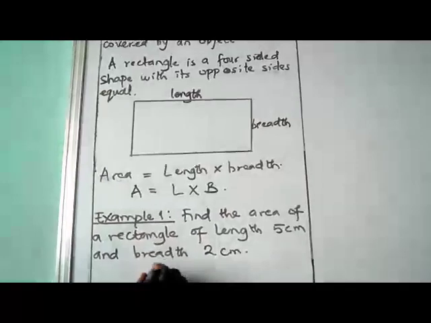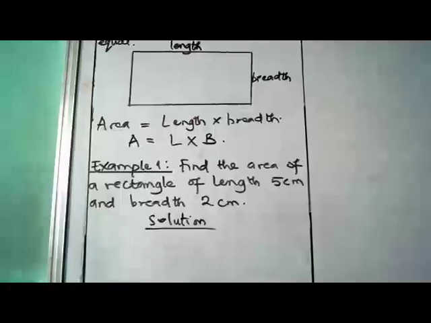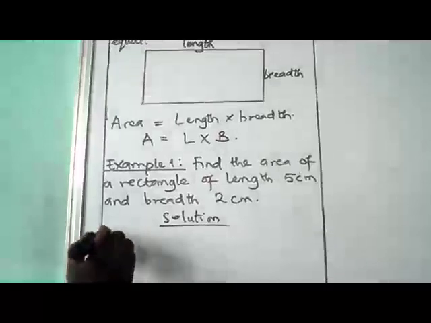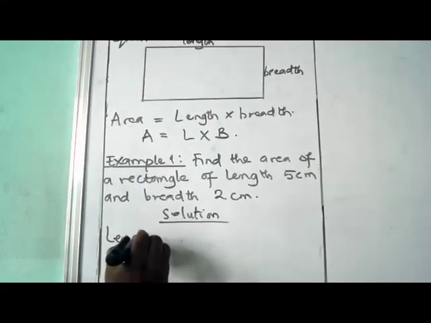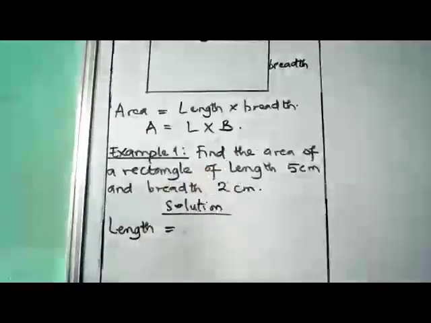So to solve this, it is always good for us to write out these dimensions, which are length and breadth. When we write it out, that will make it easy for us to identify the length and the breadth.